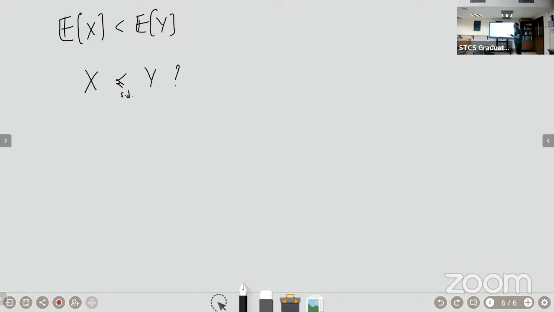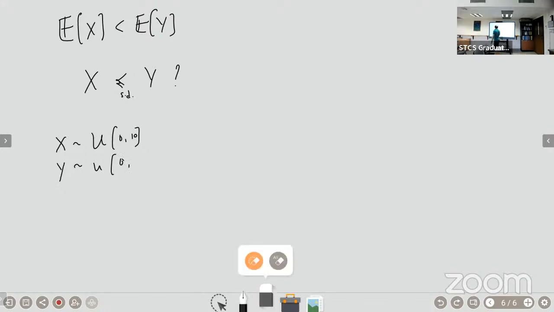Yeah, so take X uniform on 0, 10 and Y uniform on 5, 8. Then it will work.